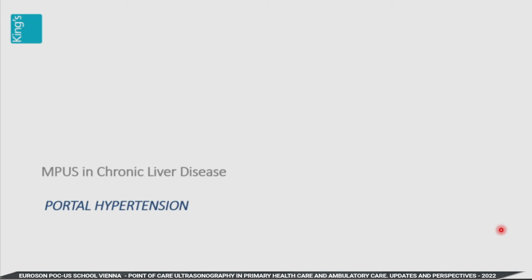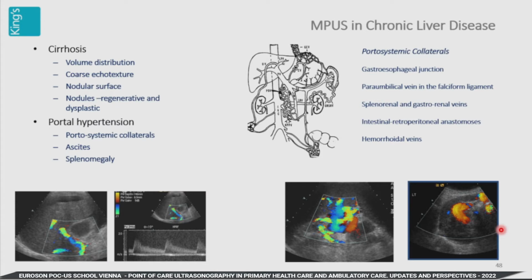The one thing that we haven't got just yet is indirect measurement of portal hypertension. The most accurate measurement of portal hypertension is hepatic venous pressure measurement, which is truly invasive. So you want something that will tell you whether the patient has portal hypertension or not.